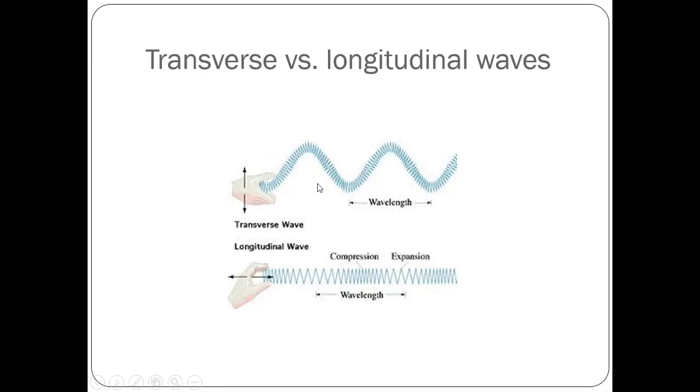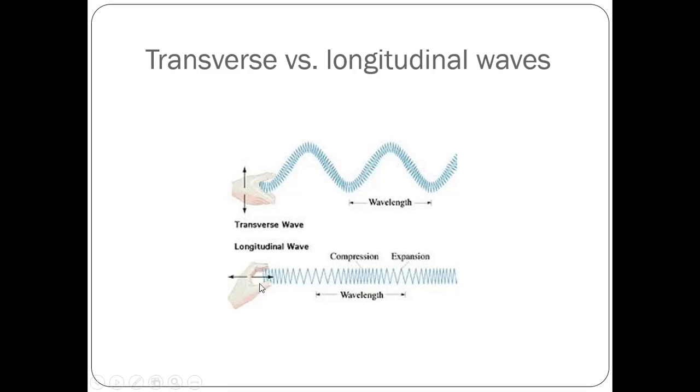So the wave's moving to the right, but the slinky itself is moving up and down. That's what we call a transverse wave: the motion of particles in the medium is perpendicular to the direction the wave is traveling. Most waves have to travel through some medium that has particles that allow the wave to transfer that energy.